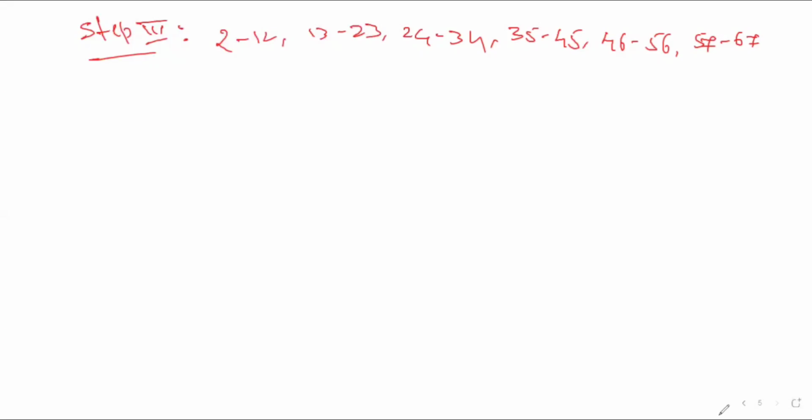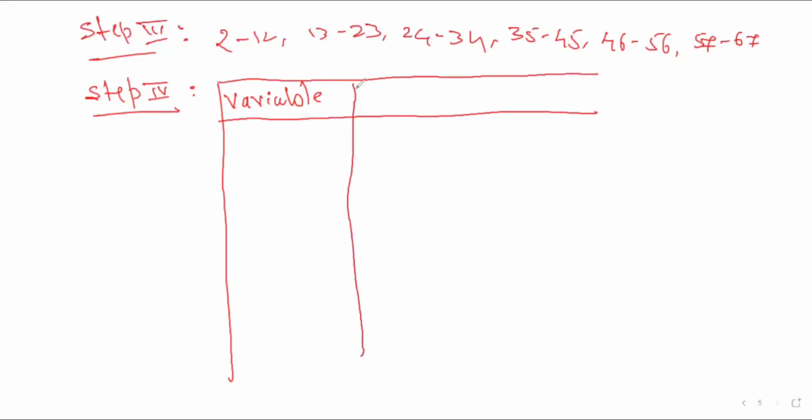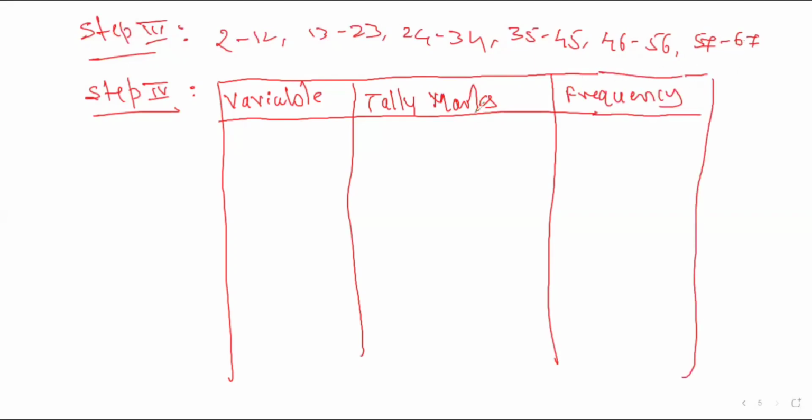Next is step number 4, that is constructing the frequency distribution. Here I will consider the first column, variable. Variable means we are considering the class intervals. Then tally marks, then frequency.